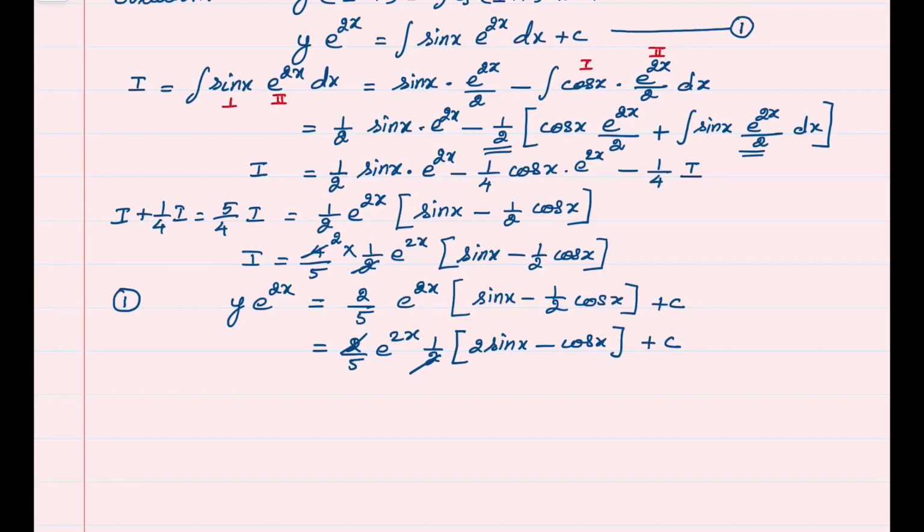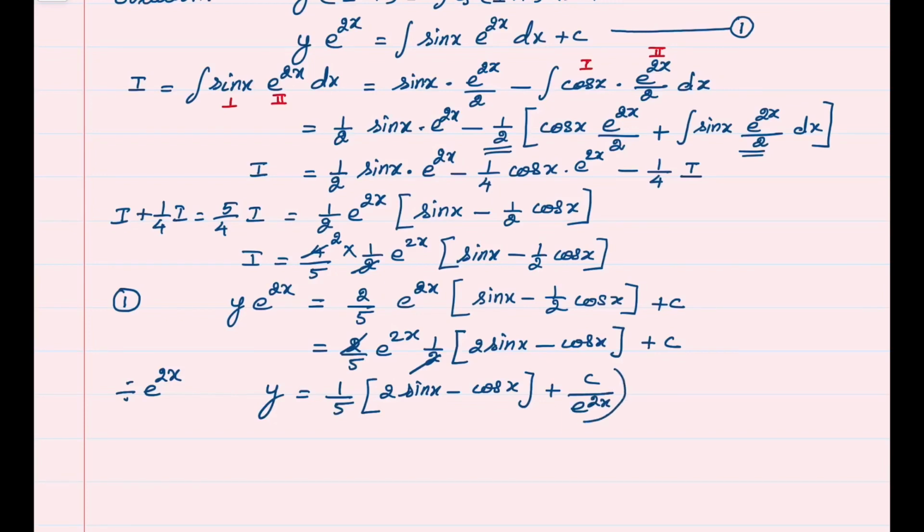We will divide the whole equation by e raised to 2x. Y is equal to 1 by 5 times 2 sin x minus cos x plus c divided by e power 2x.